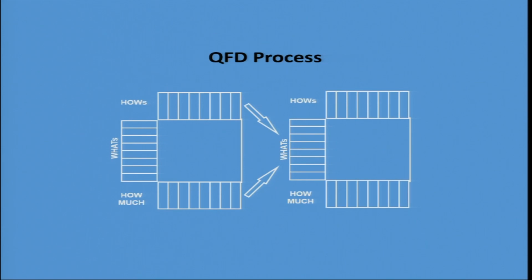Now, this is important: in the first QFD we say customers' requirements and how they are going to be fulfilled. In the second stage, it is a stage by process, how is converted into what, and further detailing is carried out here in the how. So, we get more details about our technical descriptors in the second stage of QFD.